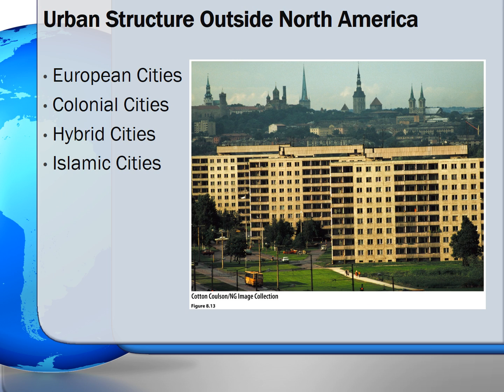Outside North America, cities have developed quite differently. For instance, European cities, especially in Western Europe, maintained historical elements as well as newer industrial zones. The cities began with the medieval period, then were modified during the Renaissance, and added on to during the industrial era. Today, most Western European cities contain all three elements. In Eastern Europe, especially during the Soviet era, cities took on quite a different picture.